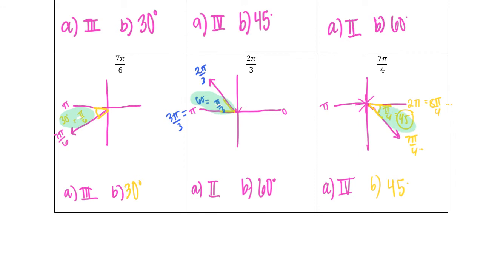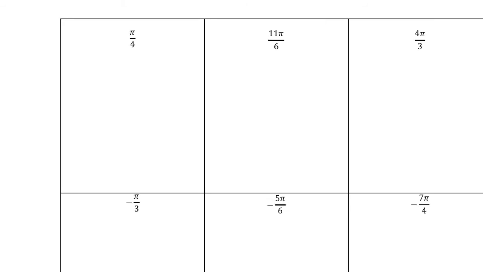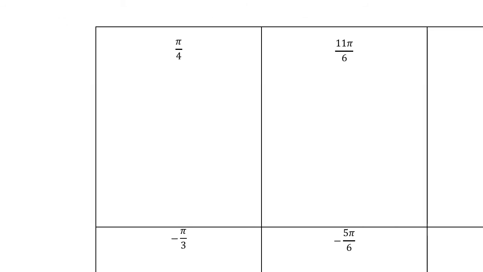Let's go to the next page. This next one, find pi over 4 on your unit circle. It's just 1/4 pi. So 1/4 of the way to pi. You should notice that it just lands in the first quadrant. Pi over 4's reference angle is the angle that's formed between the endpoint and the x-axis. So this is 0. This is pi over 4.